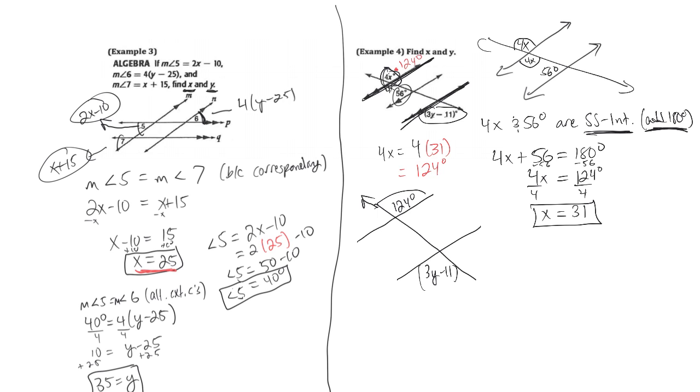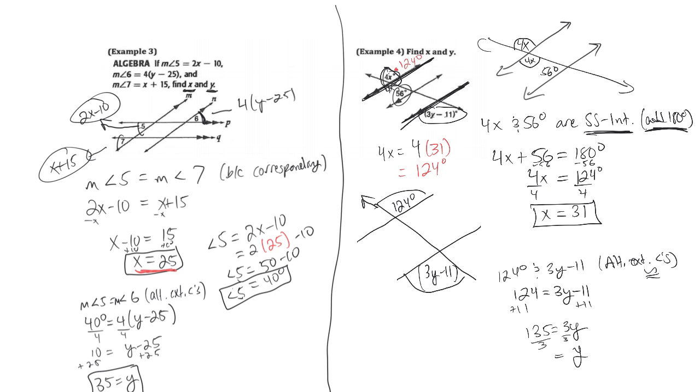These are alternate exterior angles, so 124 degrees and 3y minus 11 are congruent. We set them equal to each other: 124 equals 3y minus 11. Now we add the 11 to both sides. We get 135 equals 3y. Divide both sides by 3, and y equals 45.